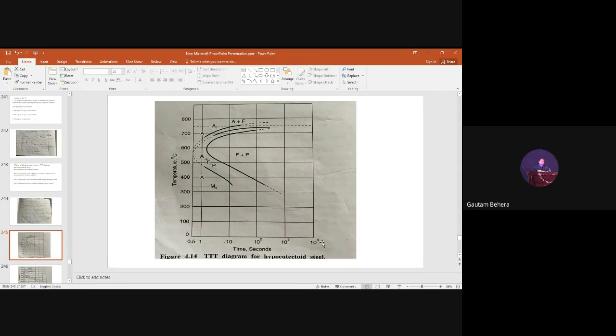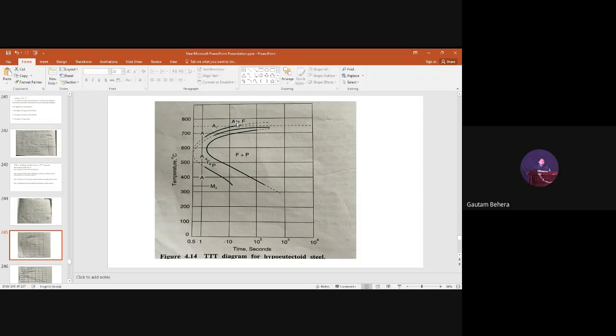The A1 line is the lower critical temperature, below which austenite is the unstable phase, and ferrite and cementite are the stable phases. Above A3, austenite is the stable phase. This is 800 degrees centigrade. Below 800 degrees centigrade we have two phases, austenite plus ferrite, right?